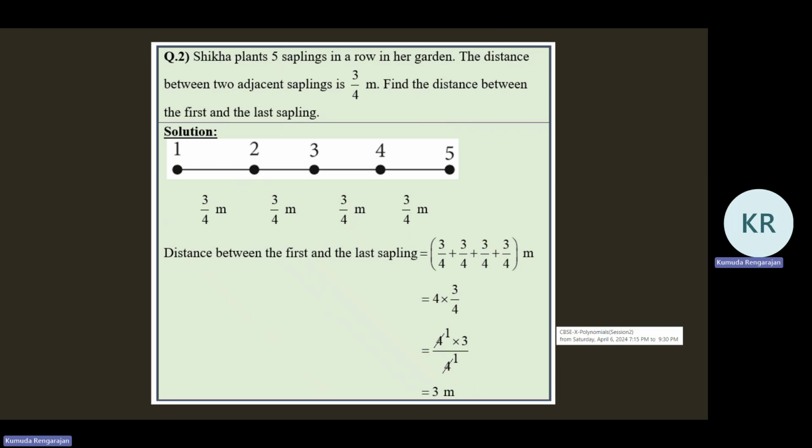So is it now easy to understand? So what is the question? The question is to find the distance between the first one and the last one. What is the distance between the first and the last sapling? So you'll have to add all the distances here. Correct? Finish writing?